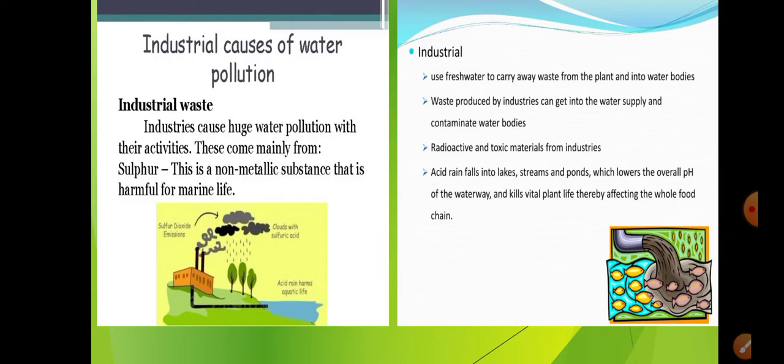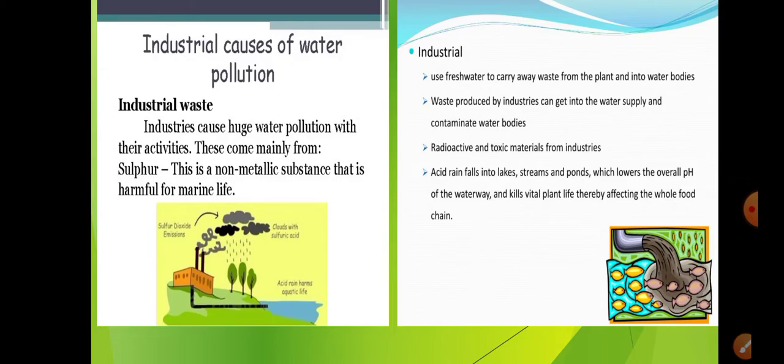The waste from the industries can enter into the water bodies. The waste can get inside the water supply system also and contaminate our water bodies.